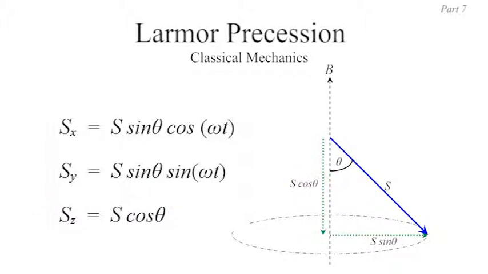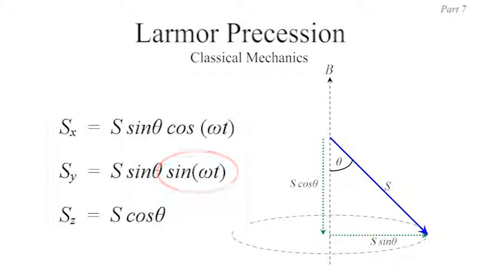However, the other two components, Sx and Sy, do change with time. They each have the same maximum possible value, s sine theta, which is the horizontal component of the spin and is the radius of the circle of precession as seen from above, but their actual value changes with time as a cosine function or as a sine function.